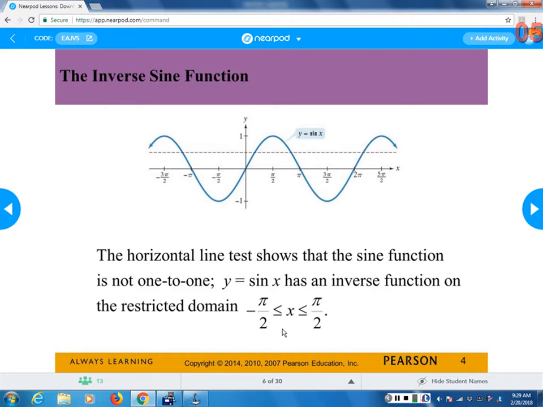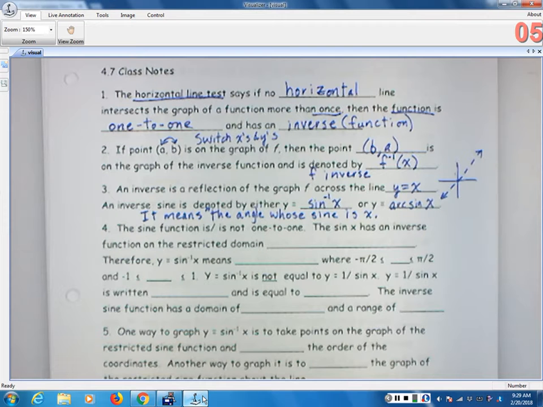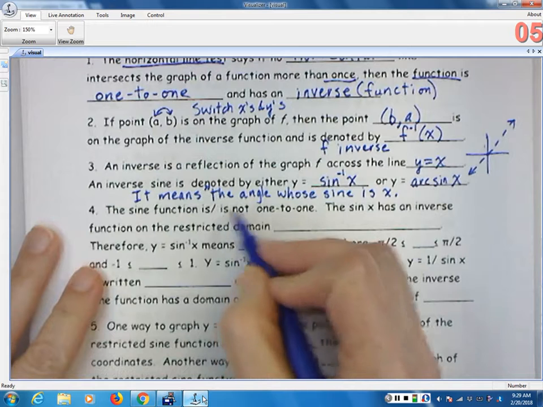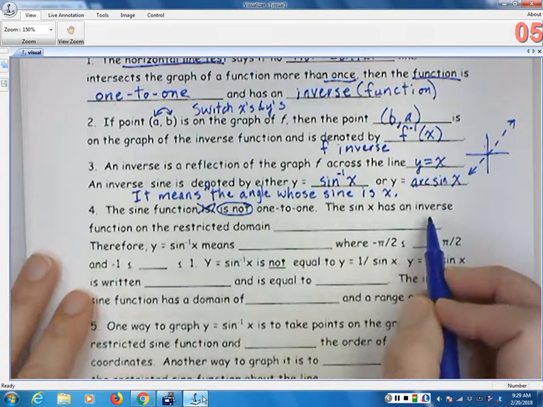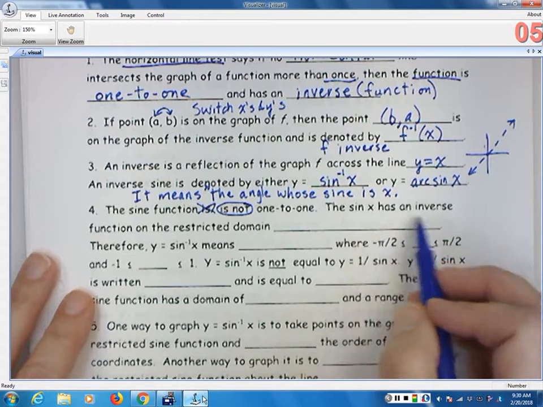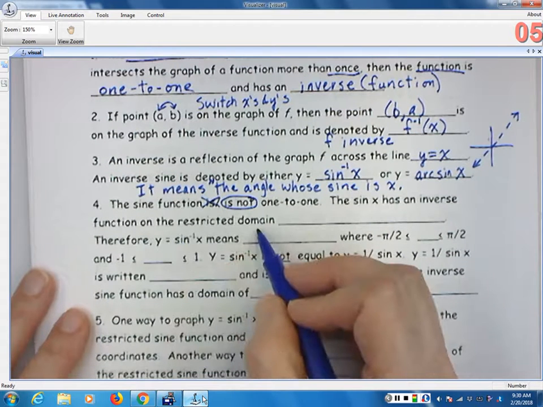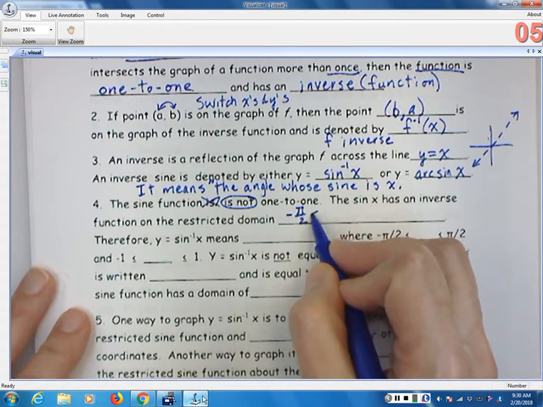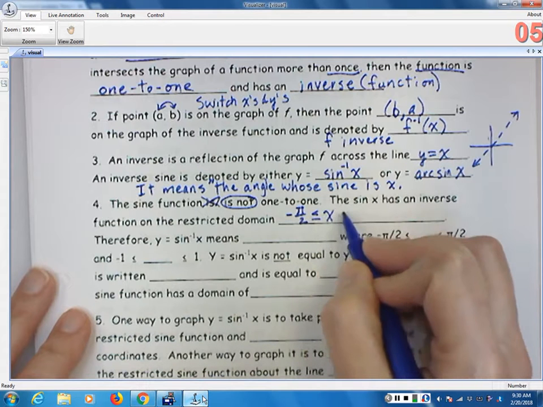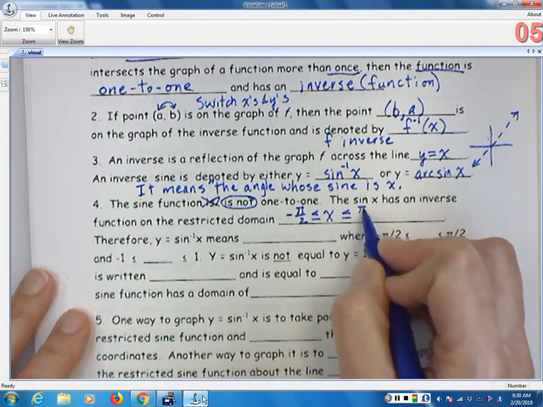So we have to restrict the domain. So it is not one-to-one, but sine x will have an inverse function on the restricted domain minus pi over 2 less than or equal to x less than or equal to pi over 2.